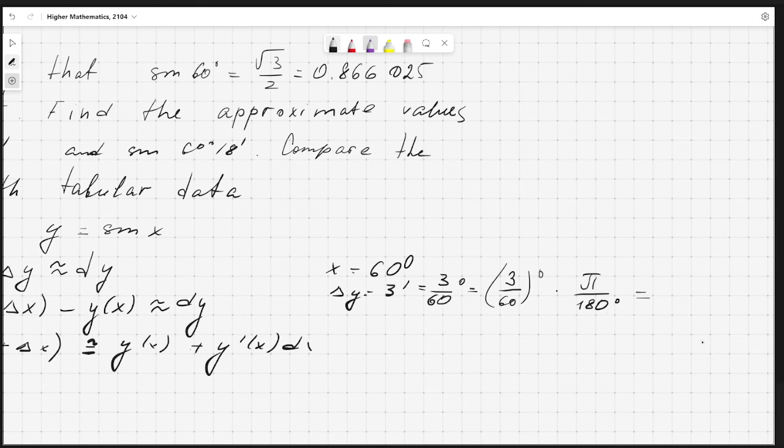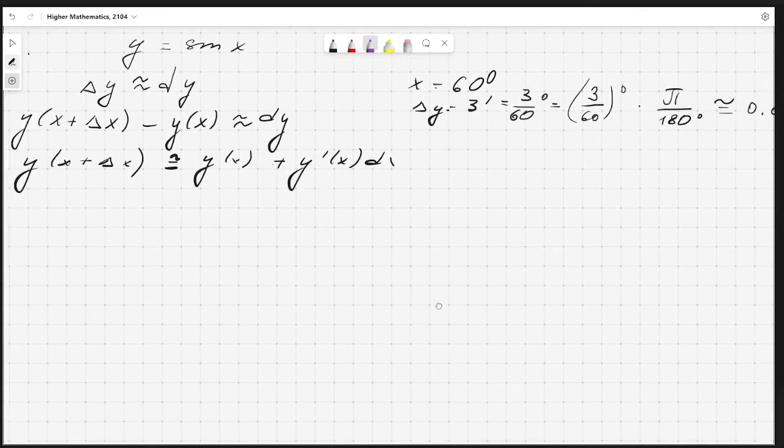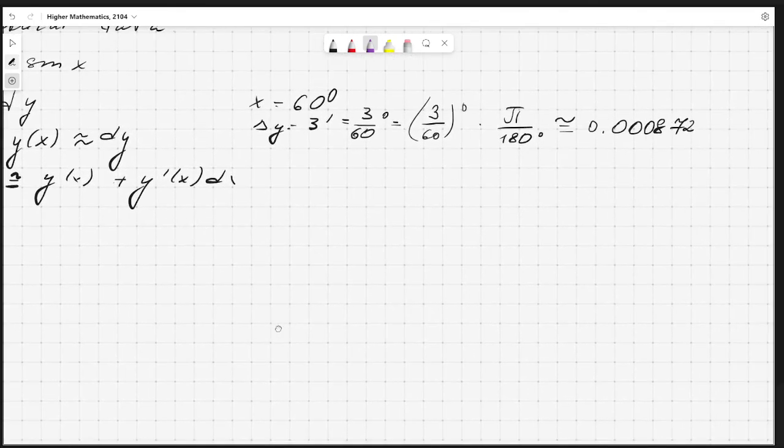It means approximately 0.0000872 in radians. Delta x, sorry, not delta y. Delta x in this case.